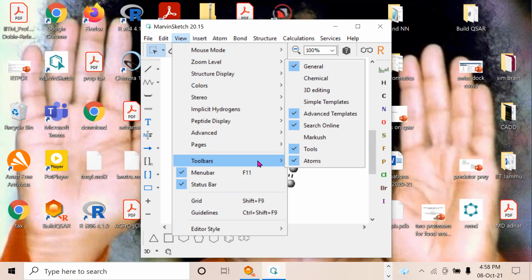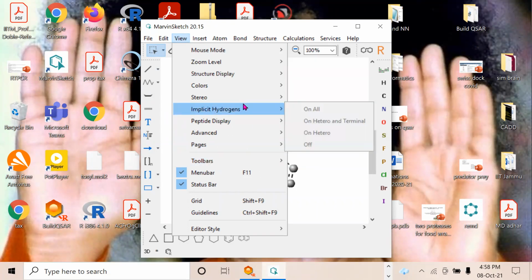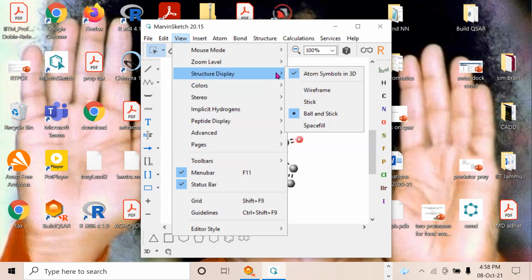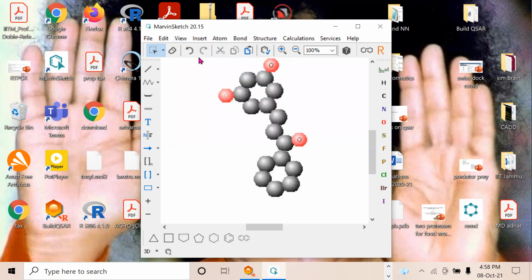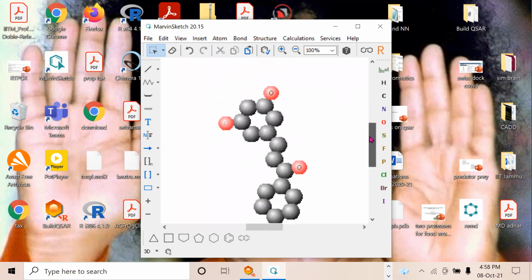We can go through it. We'll see implicit hydrogen, explicit hydrogen, space filling modes. So many things it can do.